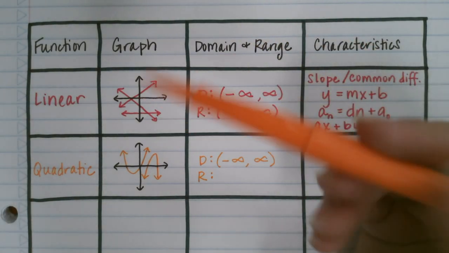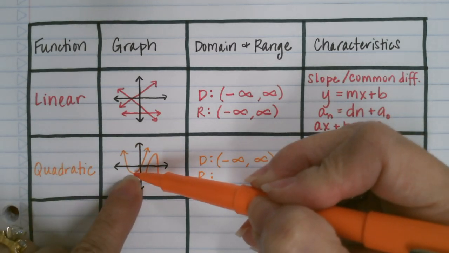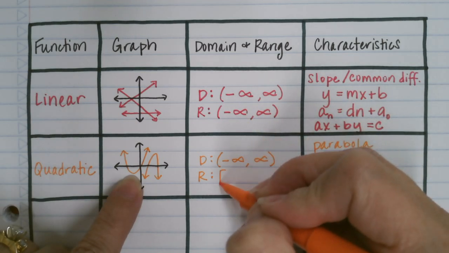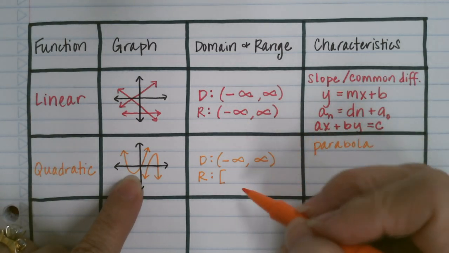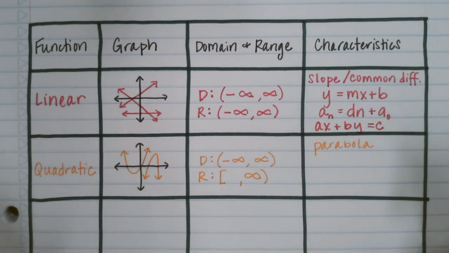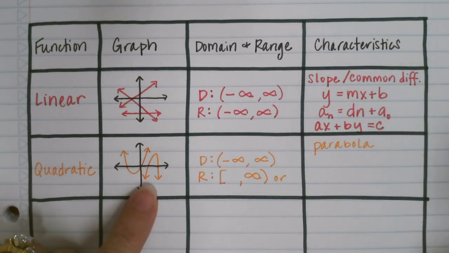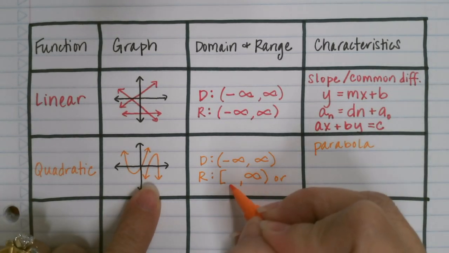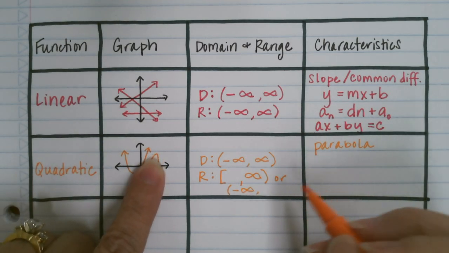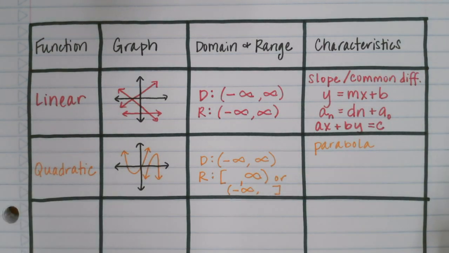So remember, we always go low to high. So for this one right here, this is going to be our low point. So it's going to go bracket, but it's going to continue forever going up. The other thing that could happen is if it's looking like this, it's going to come from negative infinity, and it's going to go up to that endpoint and then stop.